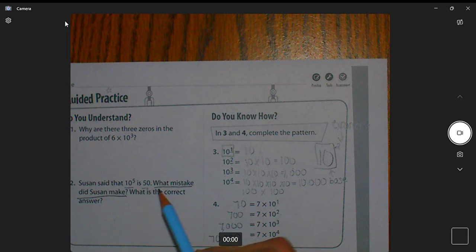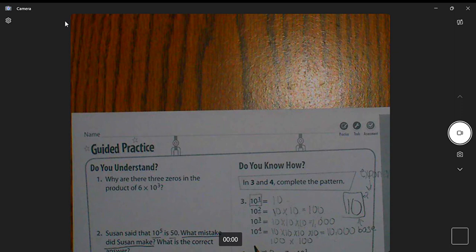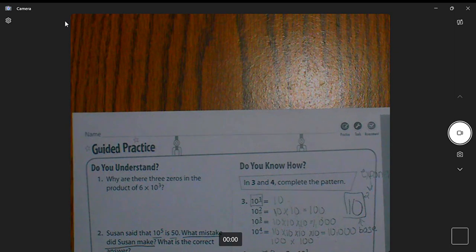You're right, it's not. So what did she do? You're right, she multiplied 10 times 5 and got 50. But that does not equal 10 to the 5th. So what would be my correct answer?